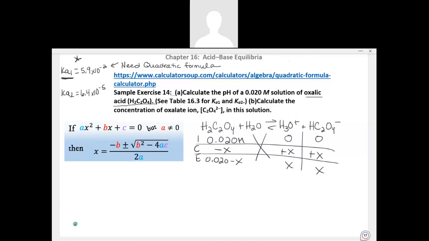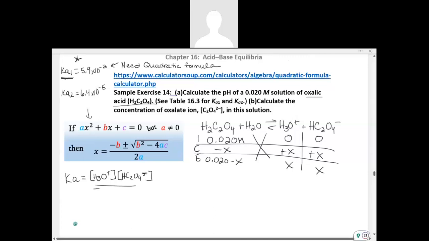We'll use the quadratic form a little later, but for now we're going to plug into our Ka expression, and we know that's going to be our products, over our reactant, so our oxalic acid, H2C2O4.